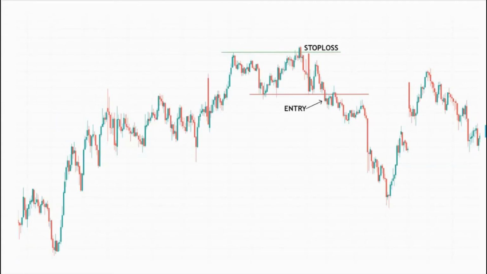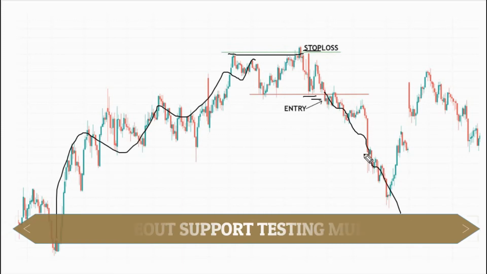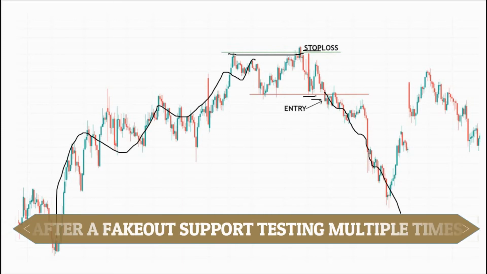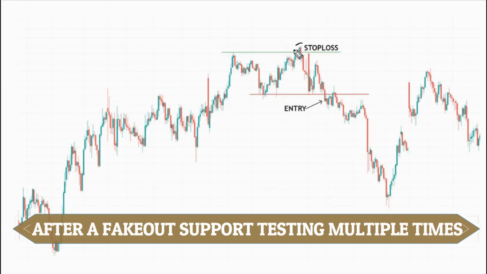See, proper uptrend, double top, broke the last swing low, sell, stop loss, see the huge downside momentum after that. And what is happening here, we also saw a fake out.